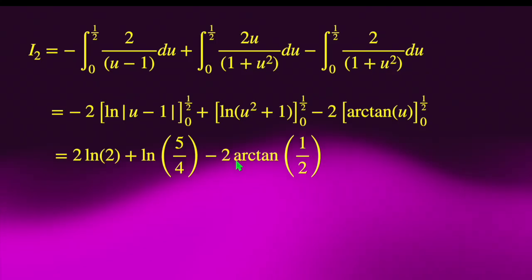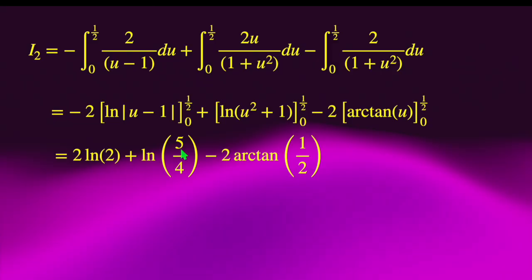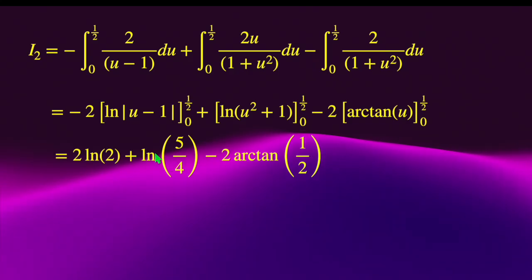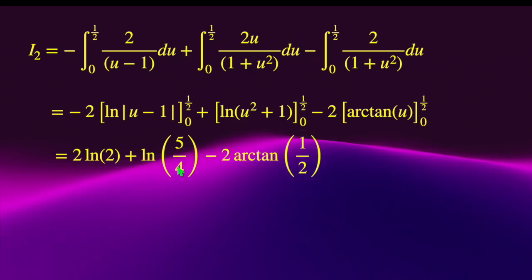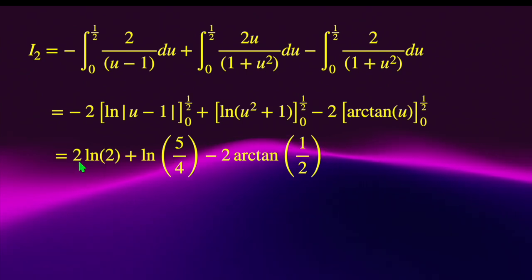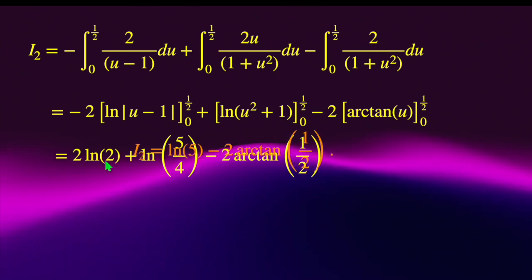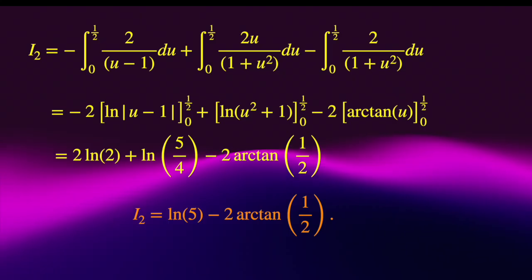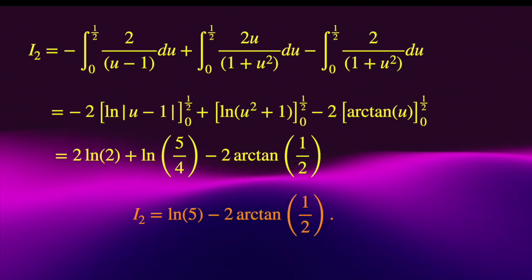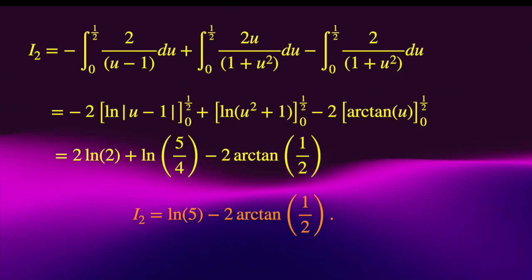Here we have the logarithm of 5 over 4 is the logarithm of 5 minus the logarithm of 4, and the logarithm of 4 is 2 logarithm 2, and this cancels with this quantity, and we will get that I2 is equal to the logarithm of 5 minus the arctangent of 1 over 2.